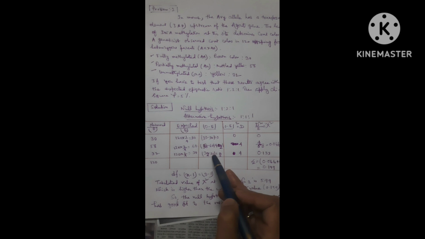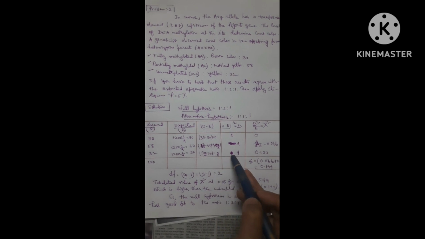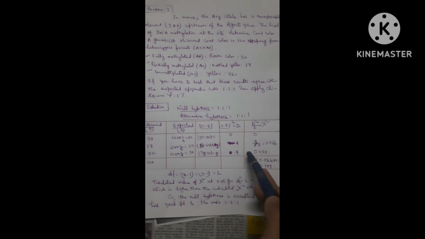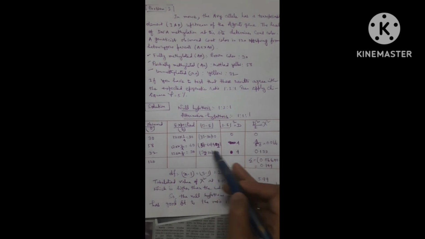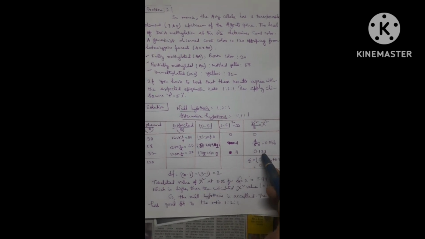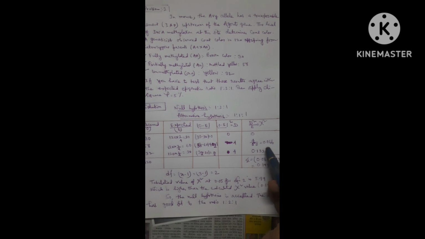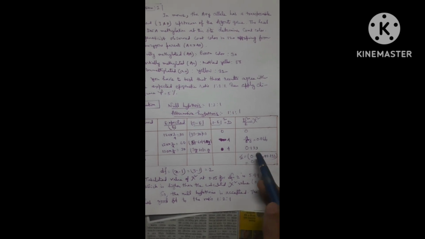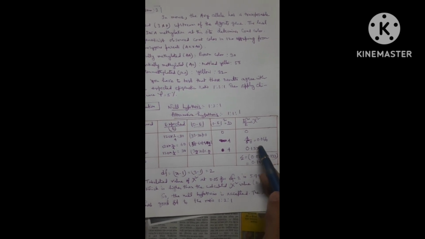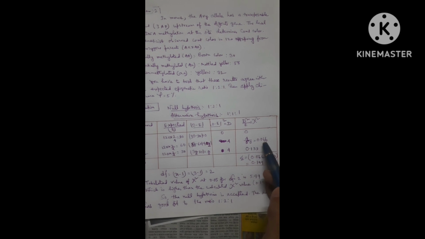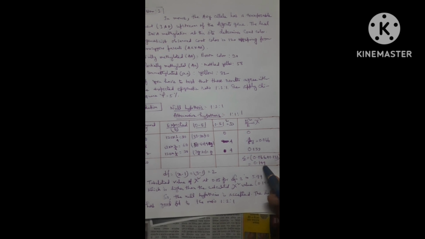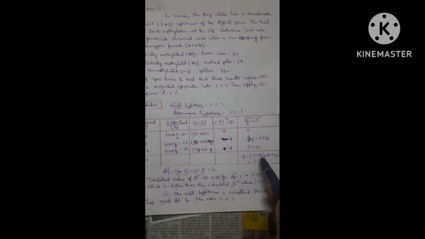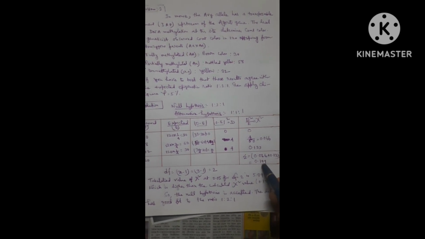Okay, 32 minus 30 is 2, square is 2 square, 4. Now chi-square is 4 divided by E means 30. 4 by 30 is 0.133. Now the summation is 0 plus 0.066 plus 0.133, which is 0.199. Okay, so this is your calculated value.